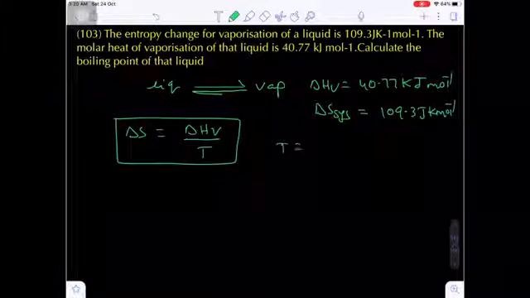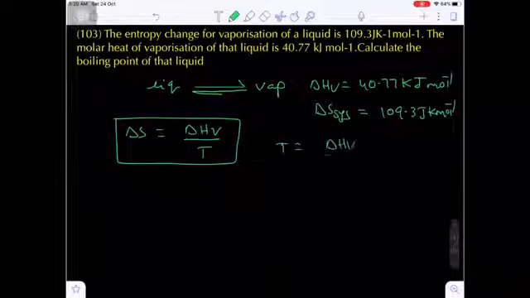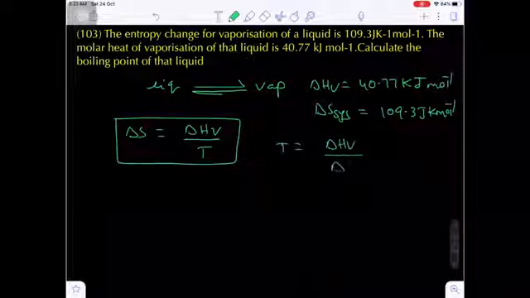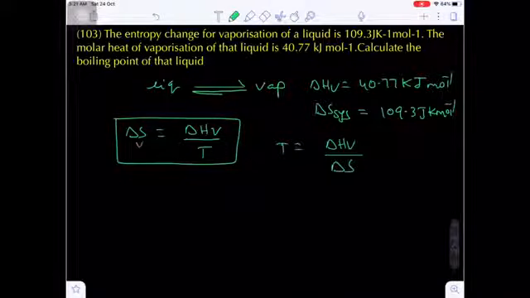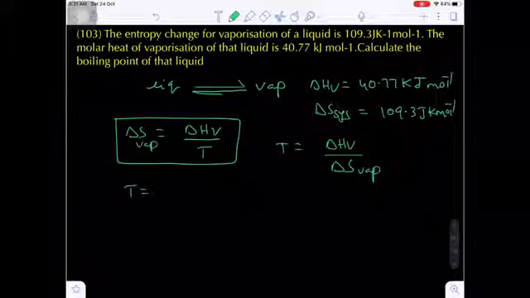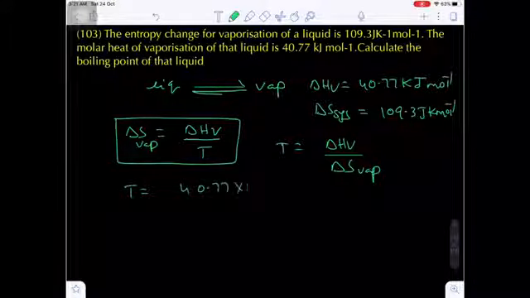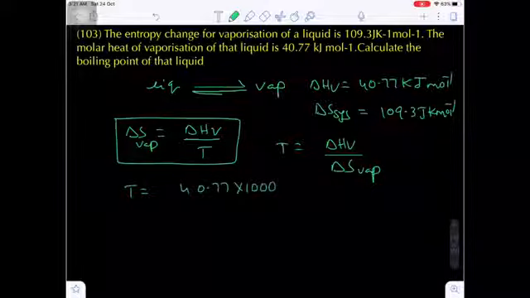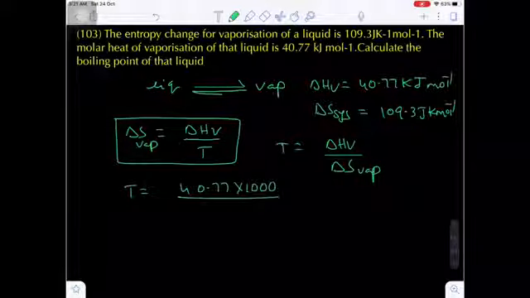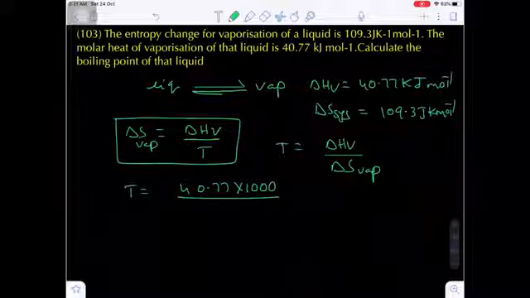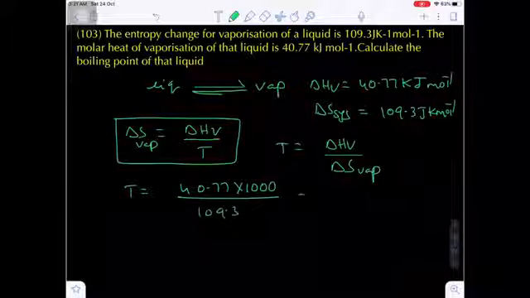Now I have to find the T value, that is equal to delta H vaporization, the enthalpy of vaporization, by the change in entropy of vaporization. So the temperature will be 40.77 kilojoule, I am writing kilojoule is equal to 1000 joules, divided by the change in entropy of the system, 109.3.